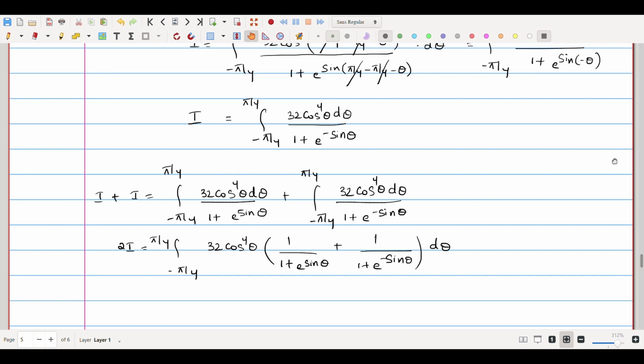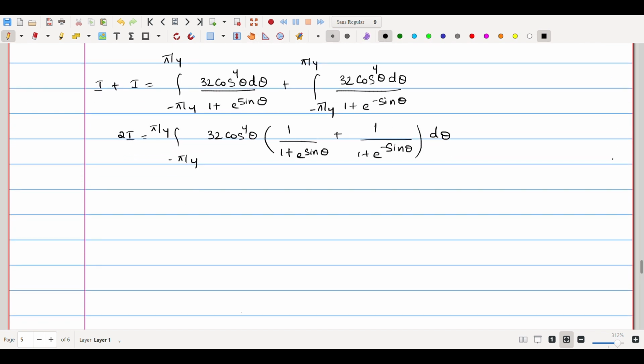If you add these two terms, this is nothing but 1. So 2I equals the integral from minus pi by 4 to pi by 4 of 32 cos^4 theta d theta.